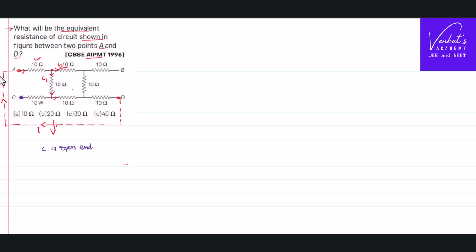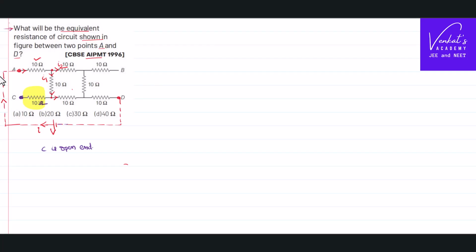An open end means the current, after going to that point, has no way to return to the negative plate of the battery. It is a dead end and an incomplete circuit, therefore it will not go to that 10 ohms. This 10 ohms, though physically there, carries no current. So, this is a dead element of the circuit.